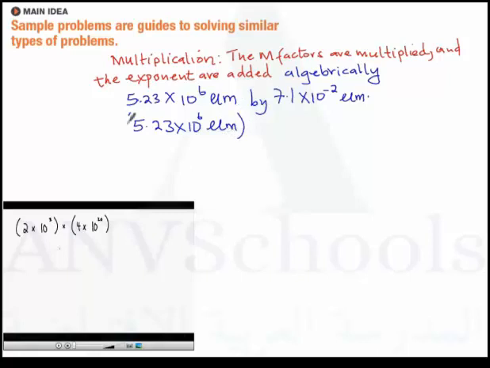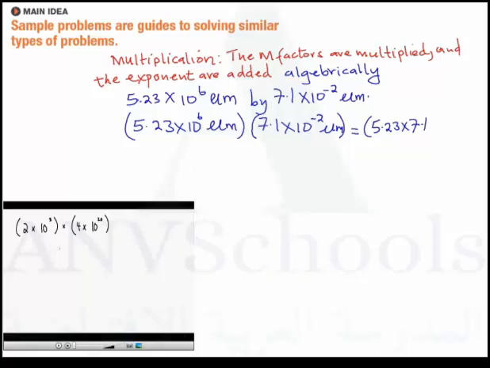You will put this in brackets, and we are multiplying by 1 times 10 power negative 2 micrometers. This should be the same as 5.23 times 7.1.